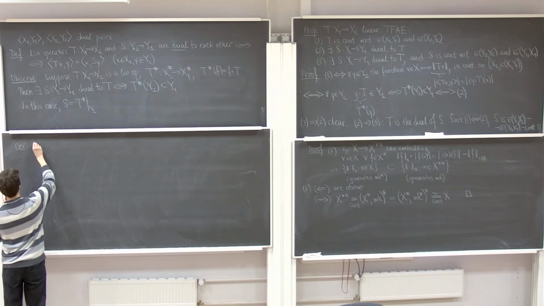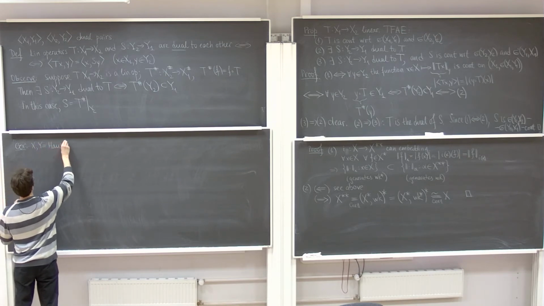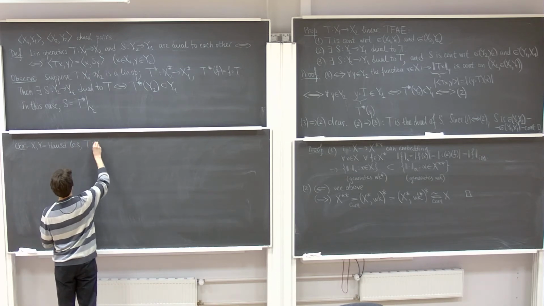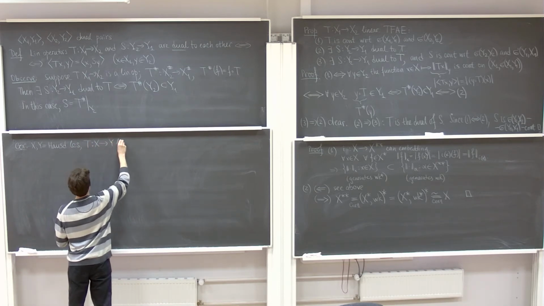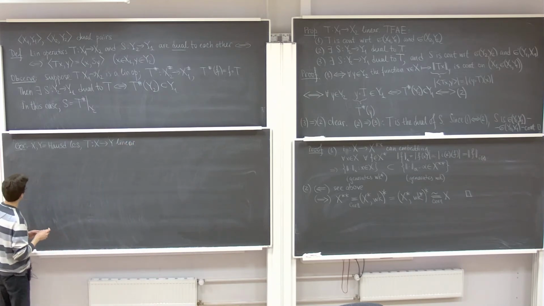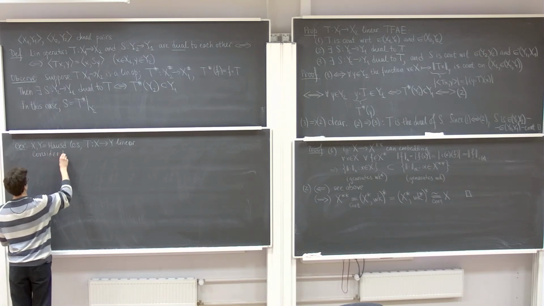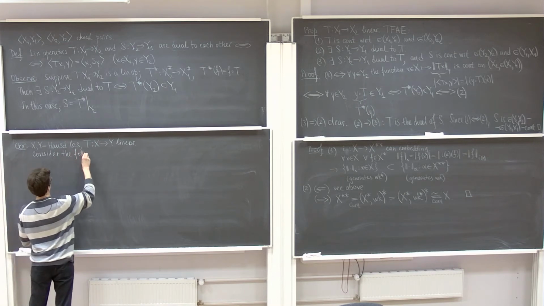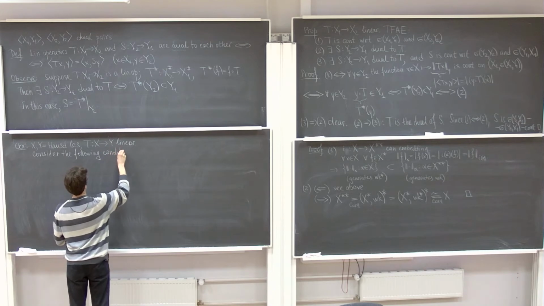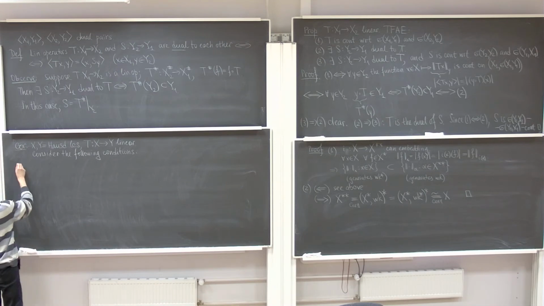Suppose now that X and Y are Hausdorff locally convex spaces, and T is a linear operator from X to Y. Let's consider the following conditions. Condition 1, T is continuous.